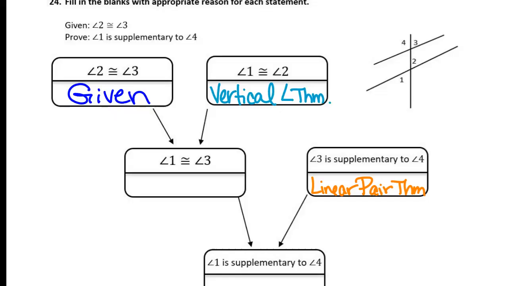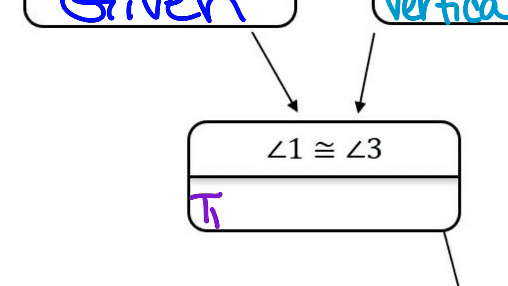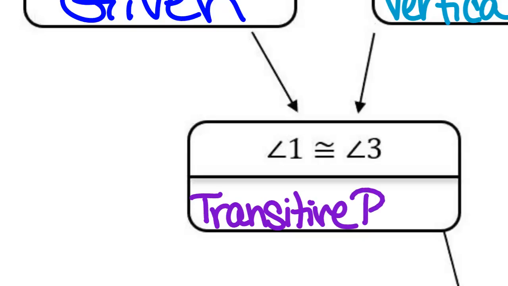Are 1 and 2 the same size? According to this over here, they are. That's why we have to use this box too. We made a swap. As long as they're the same size, I'm allowed to swap them. Normally, I would say this is substitution. But we have a congruence symbol here, so what do we have to call it? Transitive property. This is our transitive property.